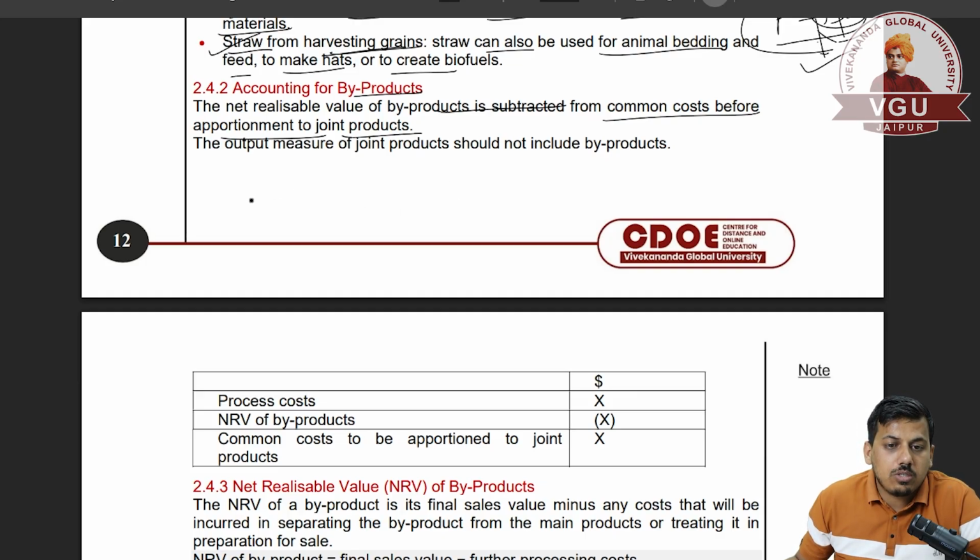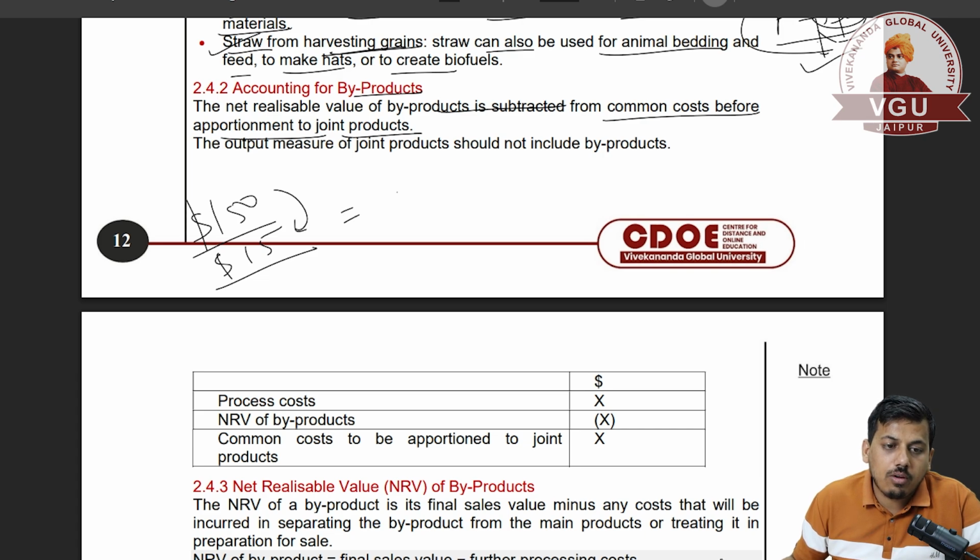First, the common cost of the joint products: suppose we have been given $150 as the total cost, and the sales value of the byproduct is $15. We will subtract $15 from 150, and the $135 will be apportioned between the joint products.